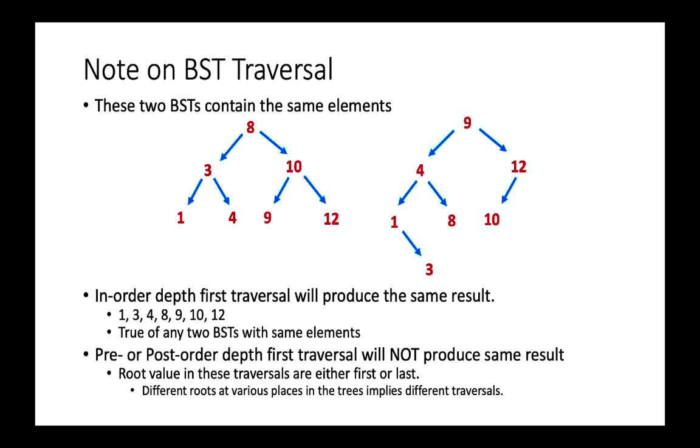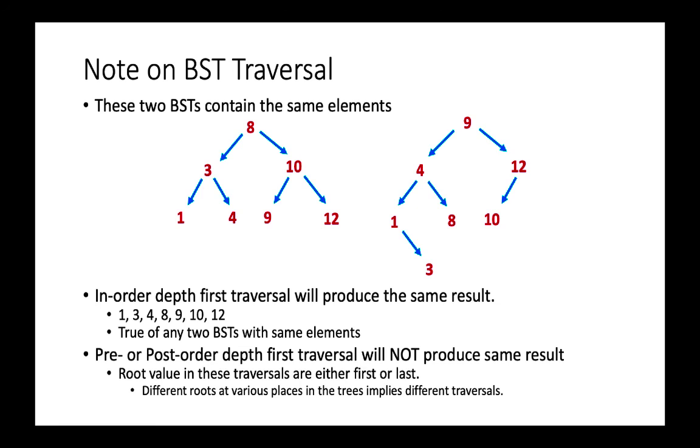But 2 different orderings will result in a binary search tree that has 2 different shapes. And because of that, even though we can traverse either one in order and get exactly the same sequence of things out, that's not going to be the case for a pre-order traversal or a post-order traversal.